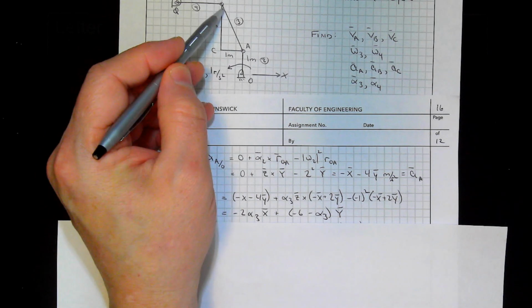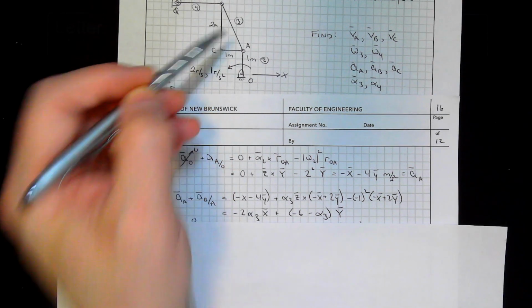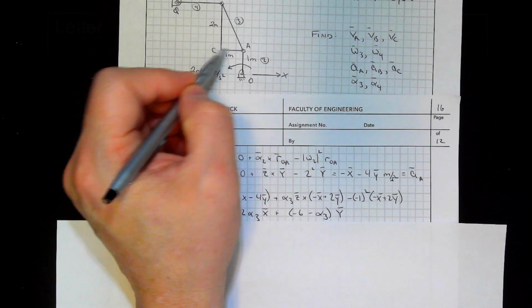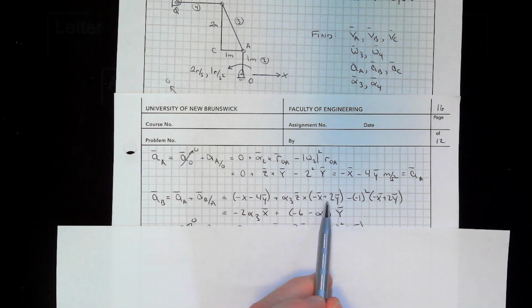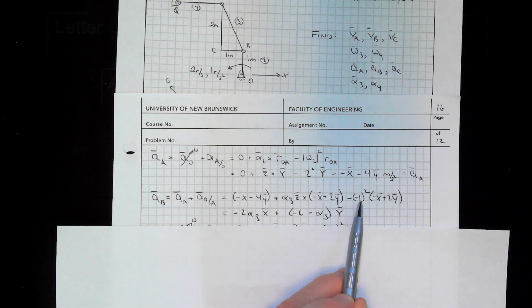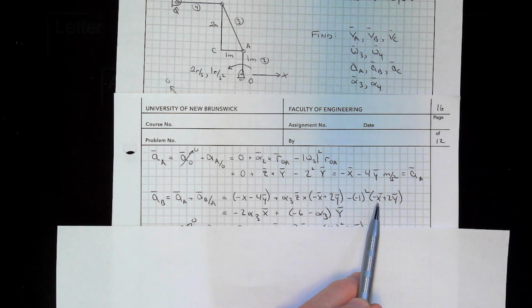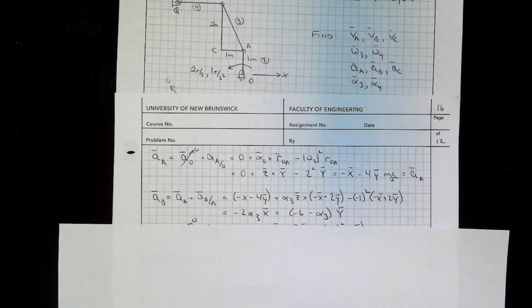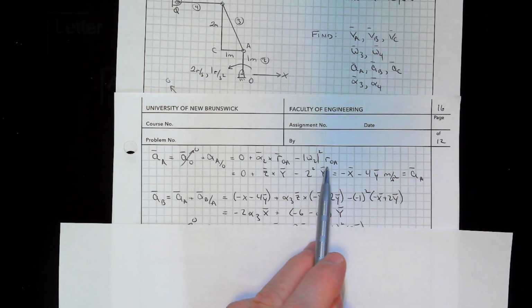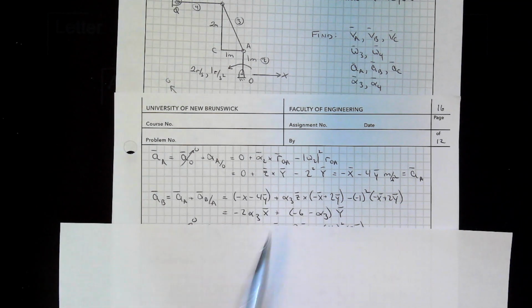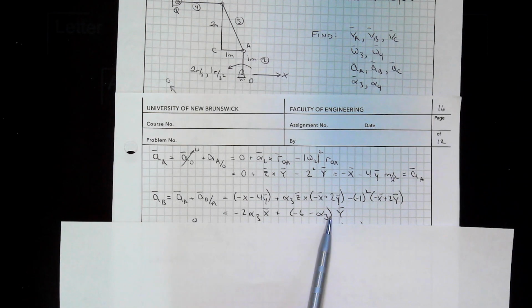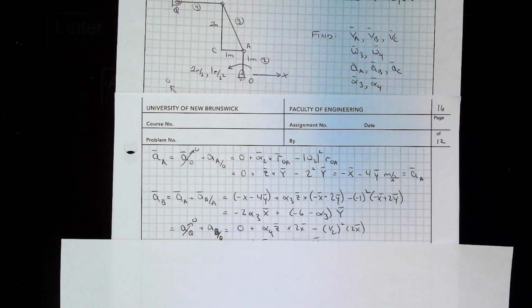So to go from here to here will be alpha 3, we assume it's positive, let the signs tell us if it's not, minus x plus 2y to go from A to B, minus omega squared, well that was minus 1, so we square that. And then here again we have from A to B. That's just the same equation we have here. No problem. And we do the cross products, this is what comes out. I'll let you check that.